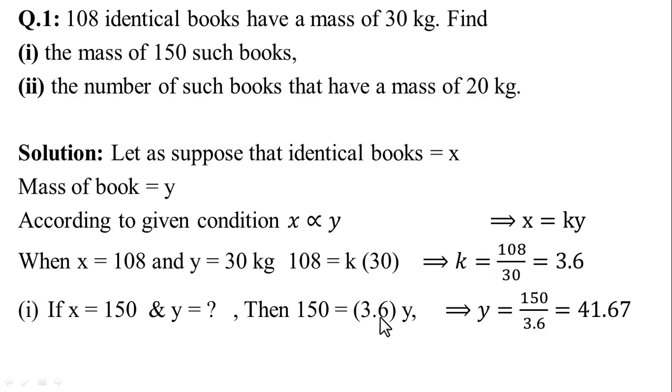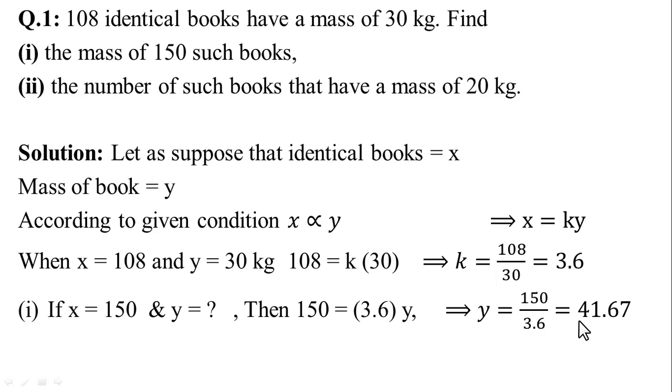Here 3.6 multiplied, on the other side it will be divided. So y is equal to 150 divided by 3.6. 150 divided by 3.6 is equal to 41.67.